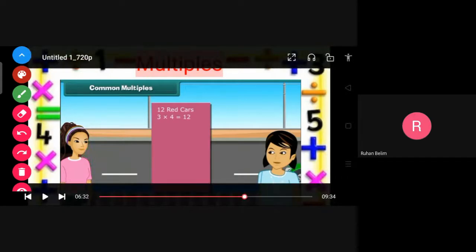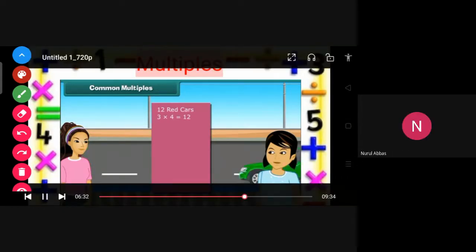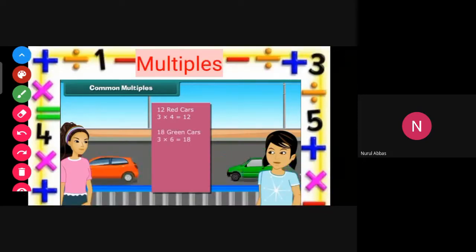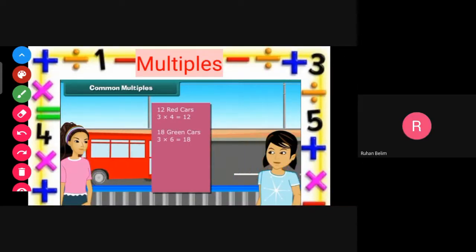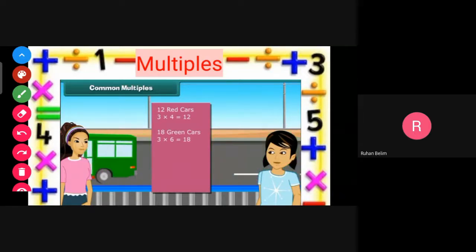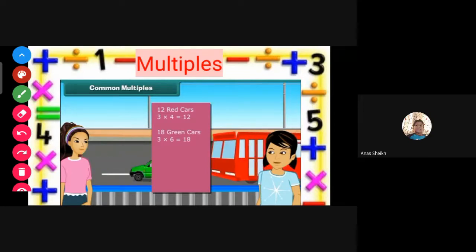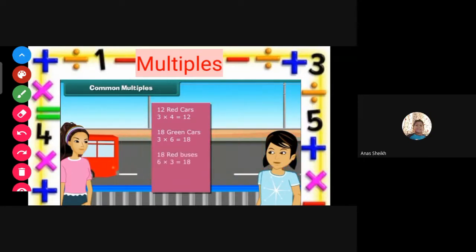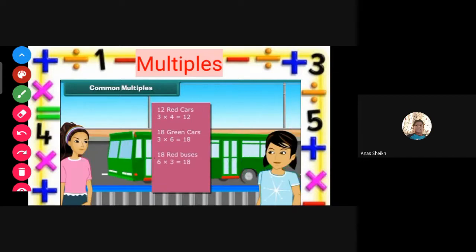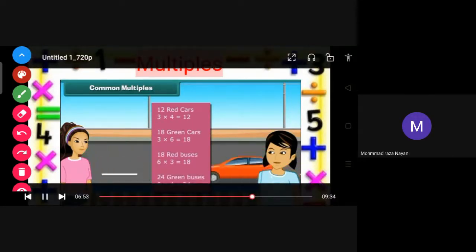So red cars, 12. 3 multiplied by 4 is 12. I'm explaining, first let it stop. 6 threes are 18. 6 fours are 20.